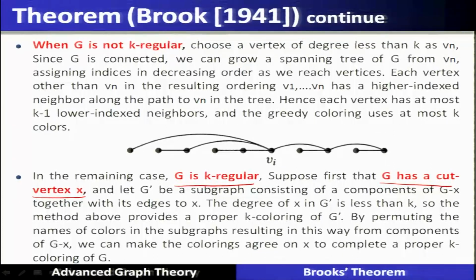So, the method above provides a proper k-coloring of G prime by permuting the names of the colors in the subgraph. Resulting in this way from the components of G without x, we can make the coloring agree on x to complete a proper k-coloring.